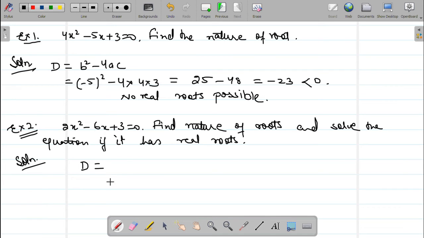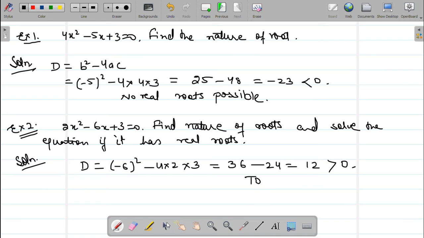D is equal to minus 6 square minus 4 into 2 into 3. So that is 36 minus 4 into 2, 8 into 3, 24. So this time I have 12, which is greater than 0. So I will get two distinct real roots. I can write down here the nature of roots is two distinct real roots.